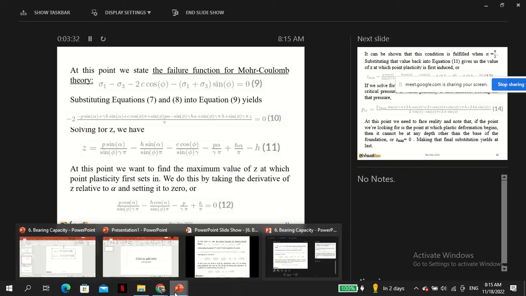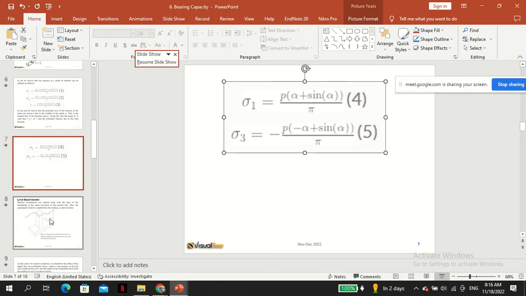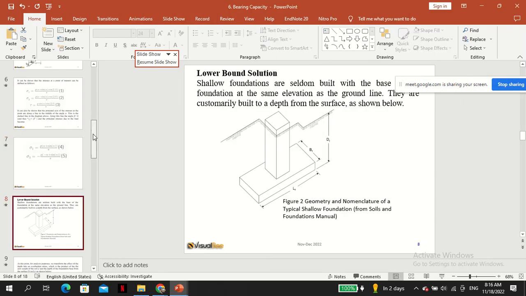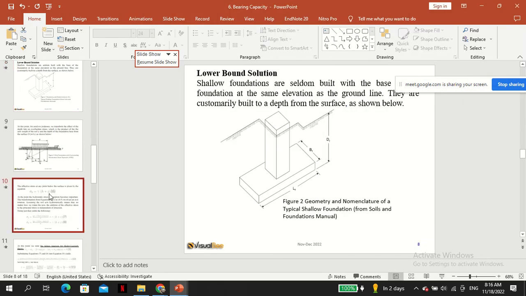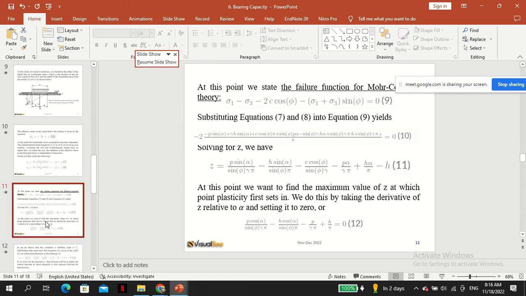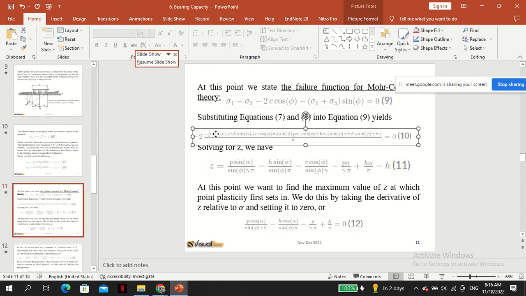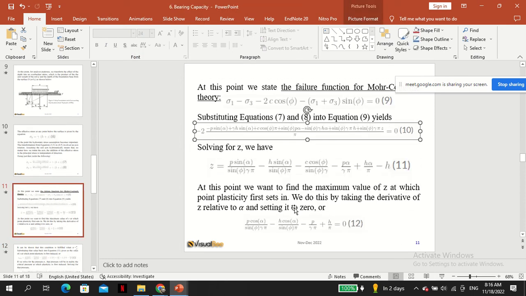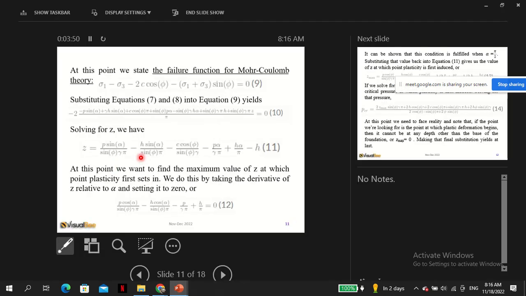You need to get the procedure and the theory, and maybe have an idea of what the formulas are at this point. It is a very lengthy solution nonetheless.